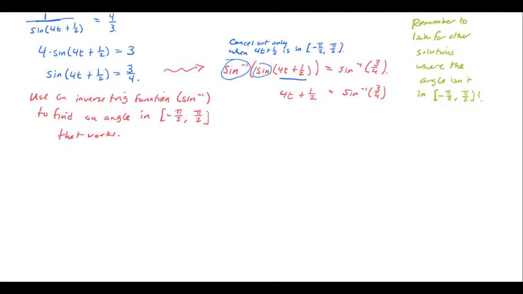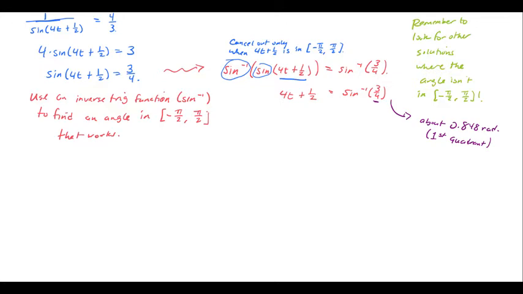Just so that we have a real sense of what that is, running this through my calculator, the arc sine of 3/4 is about 0.848 radians, and that's in the first quadrant. We should expect that because arc sine only ever gives us something in the first or fourth quadrant, and here I'm taking the arc sine of something positive, a positive y coordinate of 3/4. So that's in the first quadrant.